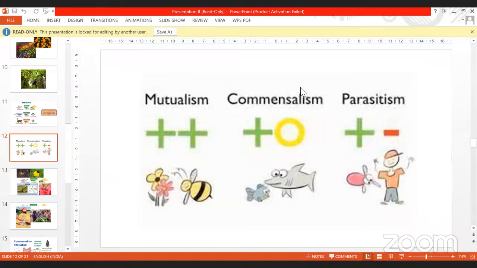So that is commensalism. And if somebody does some mischief, and the person from whom you are copying is hurt, that is, the answer script is confiscated, that is parasitism. Yes or no? You don't agree with me?